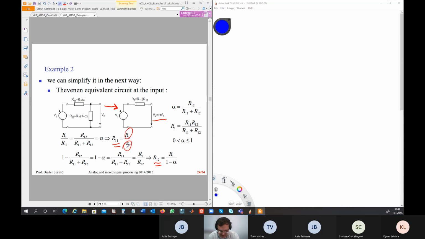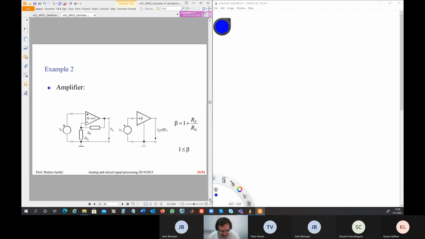This is also useful to say now. The amplifier, this is something I have already drawn today. This is a non-inverting amplifier with two resistors in negative feedback, and this is positive beta, which is larger than unity.